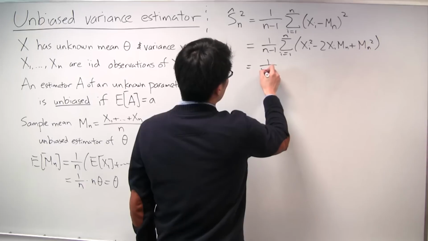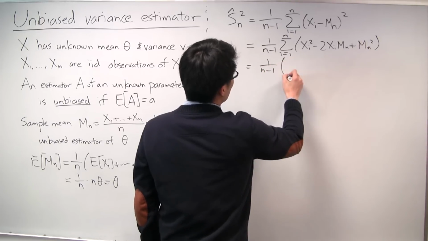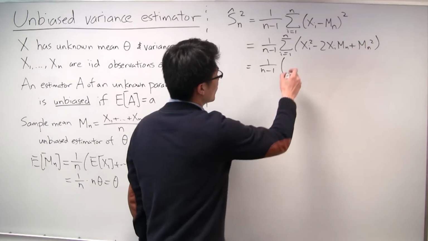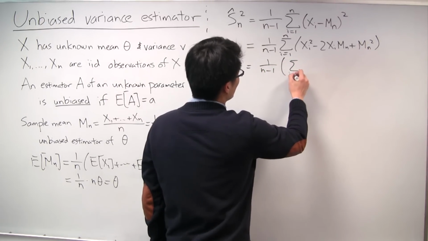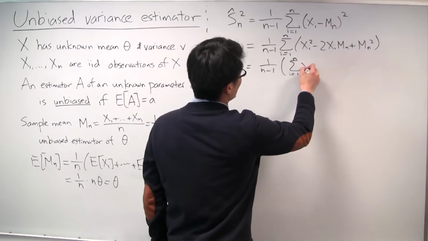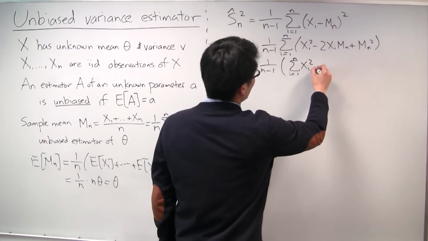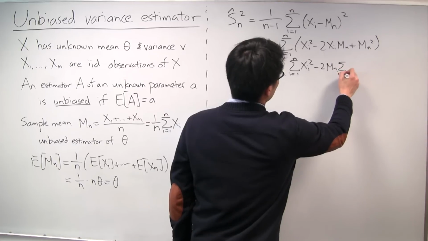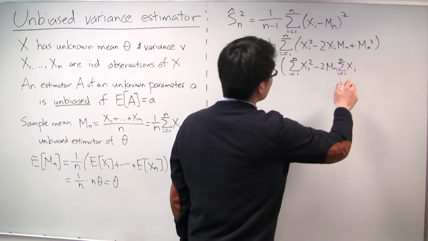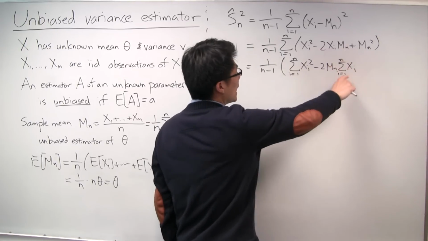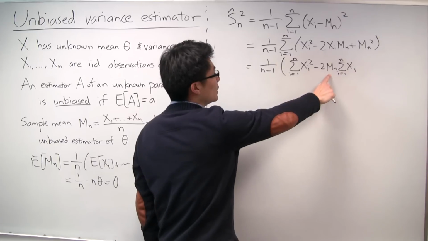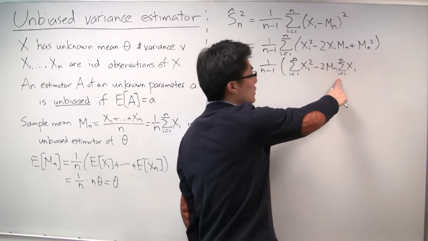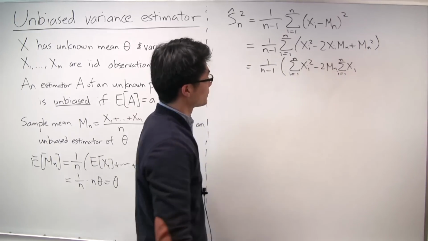And next, let's distribute this summation. So we'll split it up into 3 different summations. The first one adds up all the xi squares. The second one adds up all the xi's. So we can pull out the mn outside of the summation because mn does not depend on the summation index i.